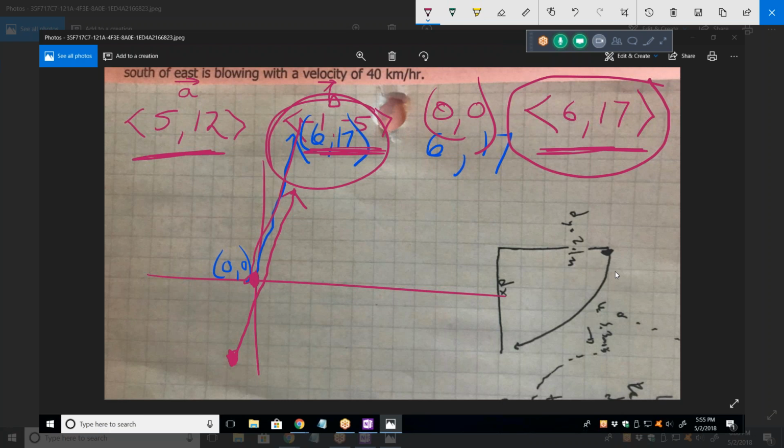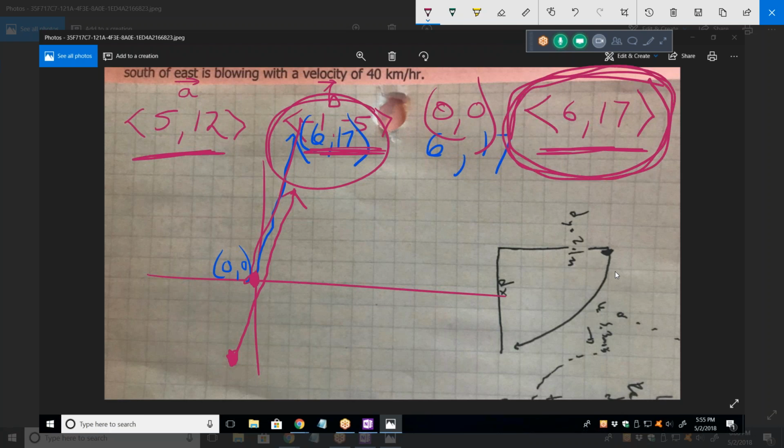Now, that's what I think they were asking. But this is a key part of vectors, taking 2 points that make up a vector in your xy coordinate plane and turning it into a vector that can be defined by just 2 numbers, not 4.